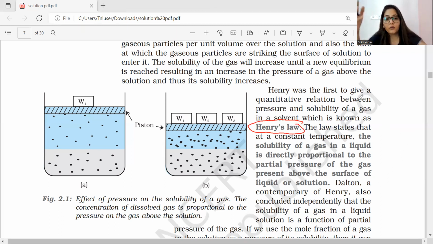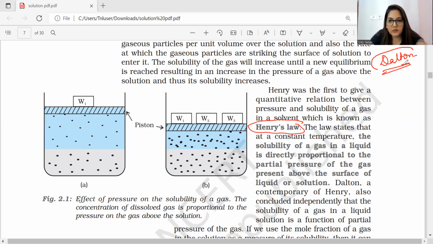And you know, one more scientist was there, Dalton. And Dalton was a contemporary of Henry. Contemporary means at the same time, Dalton was also of the same age group, you can say, and was doing research on many things. It's not like they both were doing it together, they both were doing it separately.